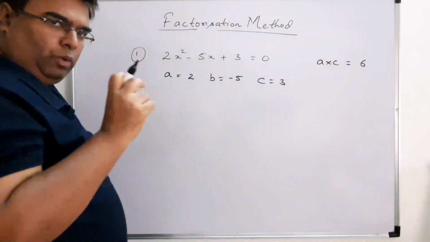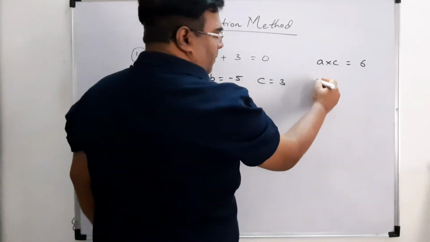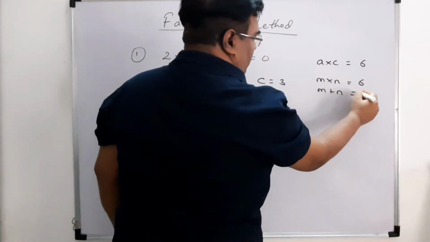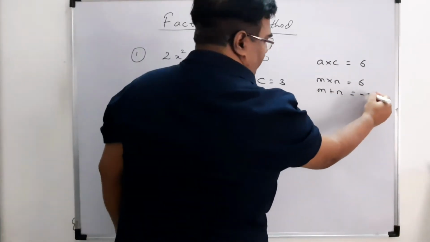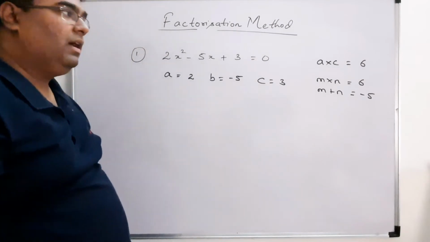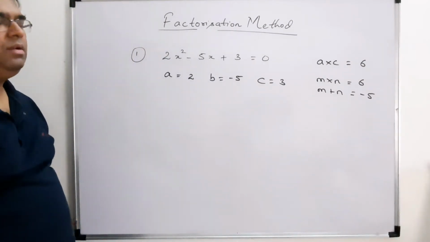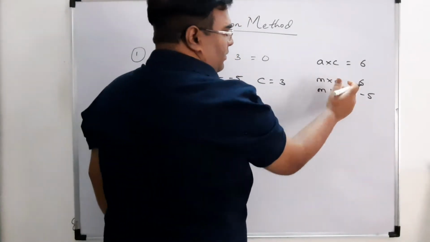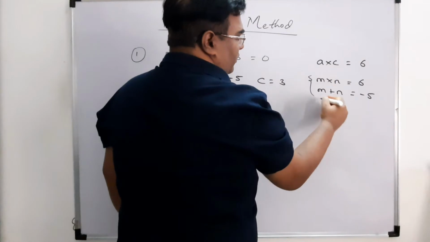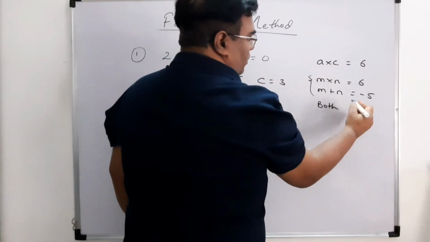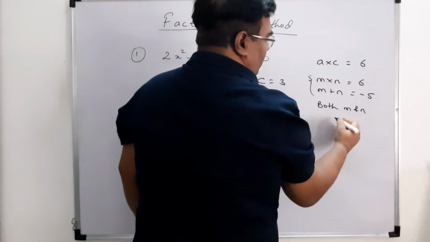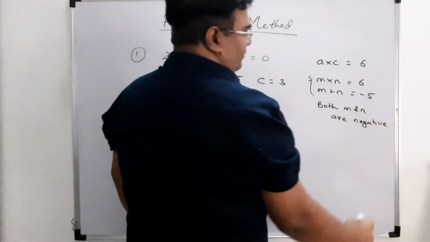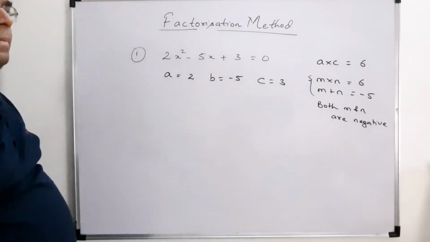So your product, M multiplied by N, is 6, and M plus N is minus 5. The product is positive and the sum is negative. This means both numbers are negative. So you can say both M and N are negative, right?